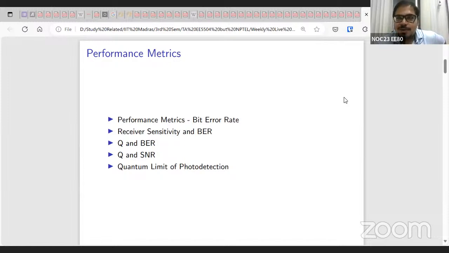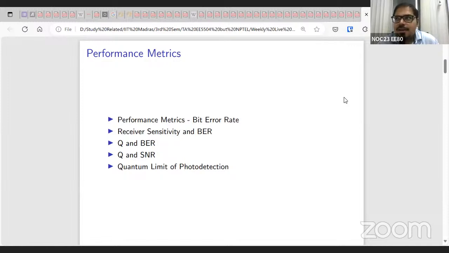The first section of this week is focused on performance metrics for an optical communication system. We are discussing entirely an on-off keying based system. We will discuss a little bit more about coherent communication, for example QPSK signals, briefly later on.